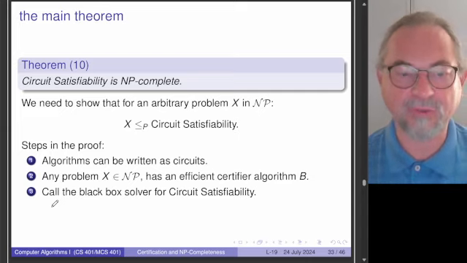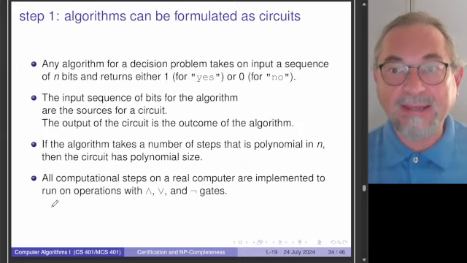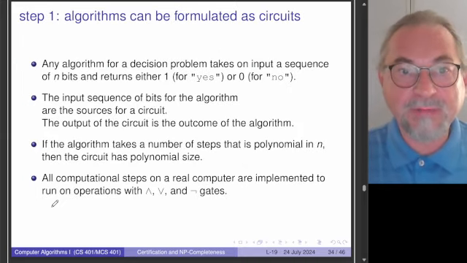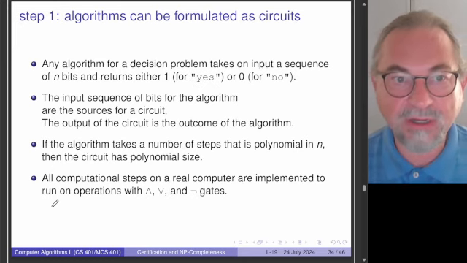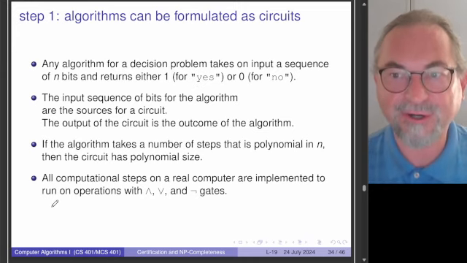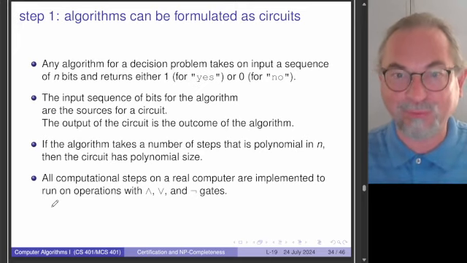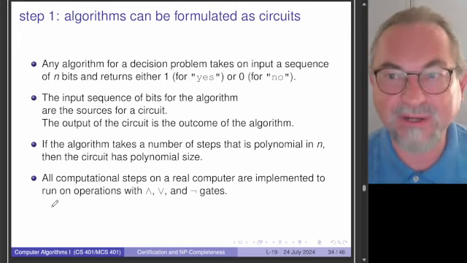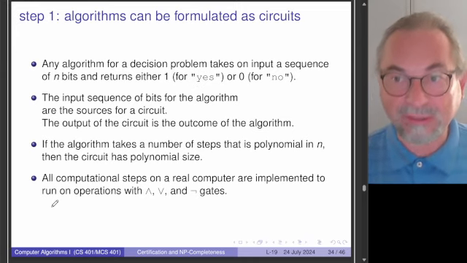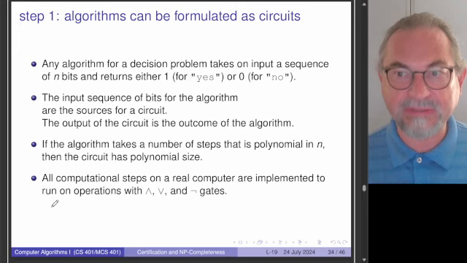So let's look at the first step. Any algorithm can actually be formulated as a circuit. Notice that our algorithms are outputting yes or no. So that's also the output of a circuit. This is already very convenient. We take on input also n bits, a sequence of bits.